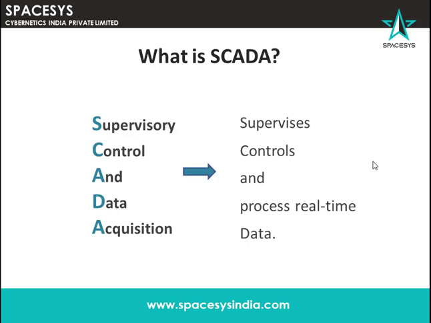Its main features are that it notifies any alarms or events that are happening in the plant, and it also helps in reporting data, storing data, and even tracking the historical data. And all these can be done remotely from SCADA workstation, which is far from the industrial plant or a field.